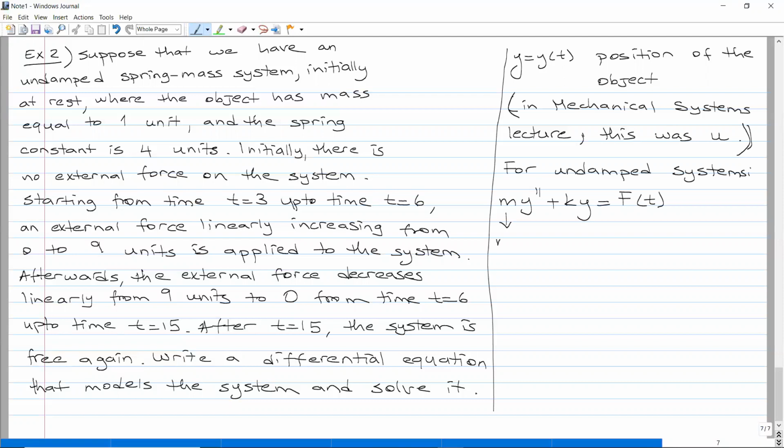Here m is the mass of the object, k is the spring constant, and F is the external force. In our example, mass is 1 and spring constant is 4.